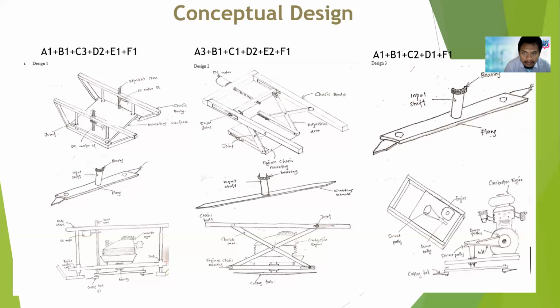Design number three is a combination of A1, B1, C2, D1, and F1. This design has a fixed cutting height, which means the height of the cutting tools cannot be adjusted. We use a blade with two cutting blades at the end of the flank.